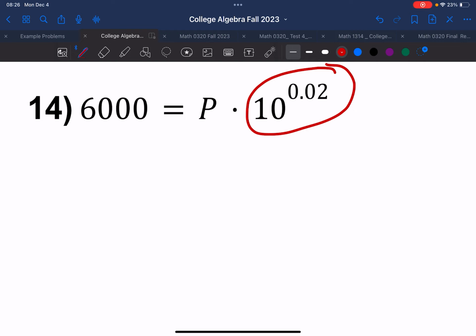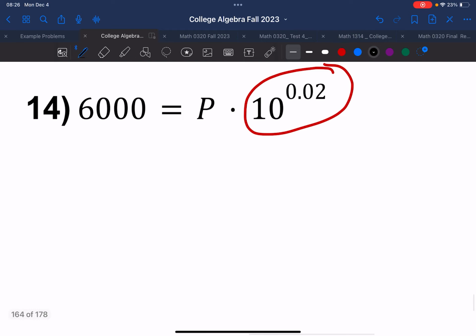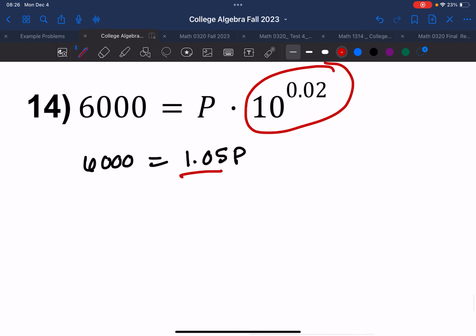Because if you type 10 to the power of 0.02 into your calculator, you're going to get a number. And that number is going to be 6,000 is equal to p times 1.05, so 1.05p. That's what that 10 to the 0.02 equates to.